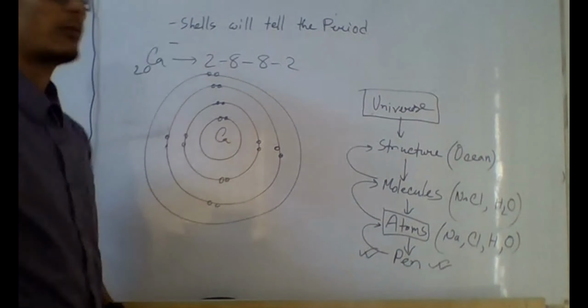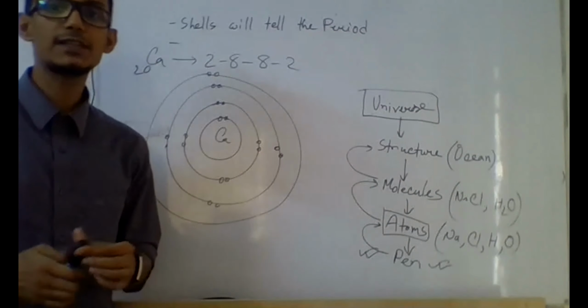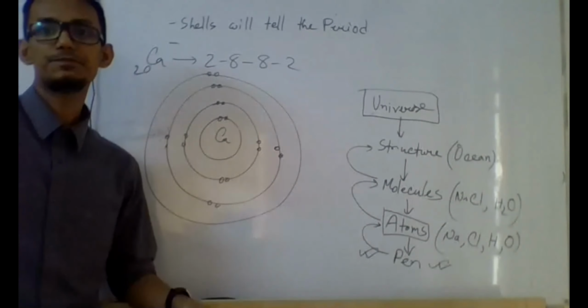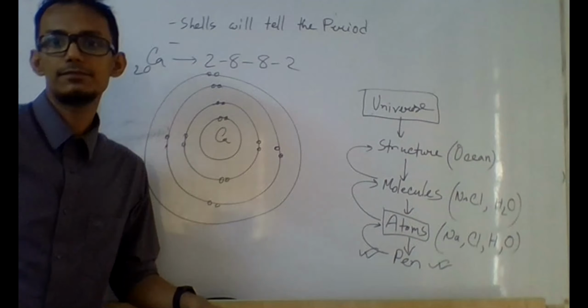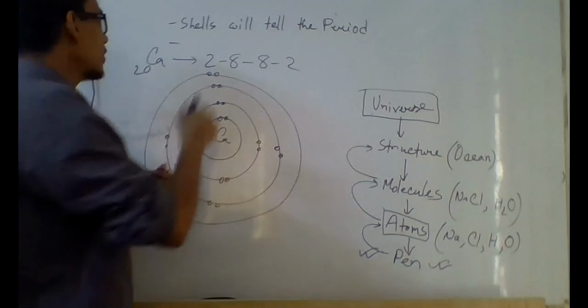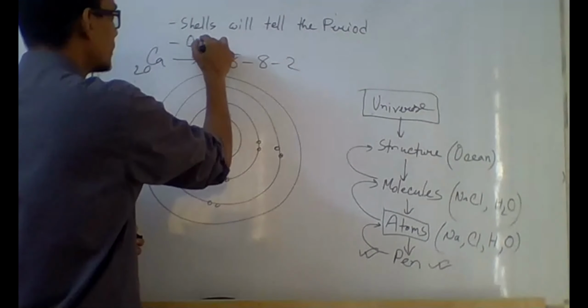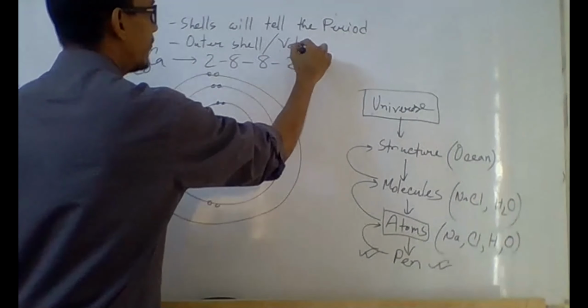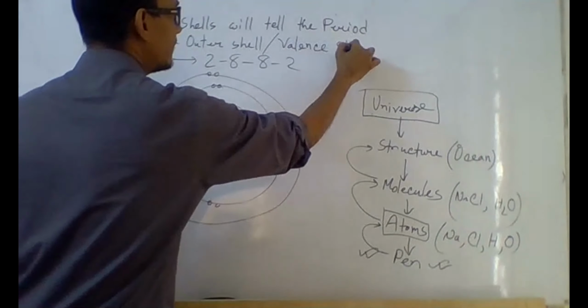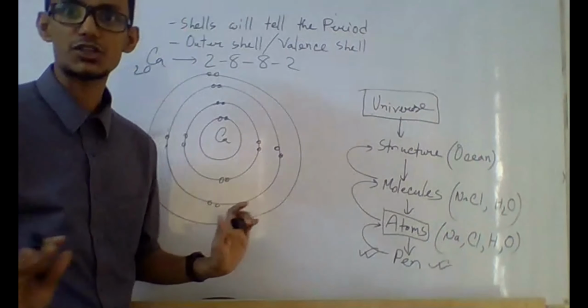And how many electrons in the outer shell of this element, Kritika? How many electrons are present in the outer shell? 2. So the outer shell, or sometimes we say valence shell. Valence shell means outer shell.